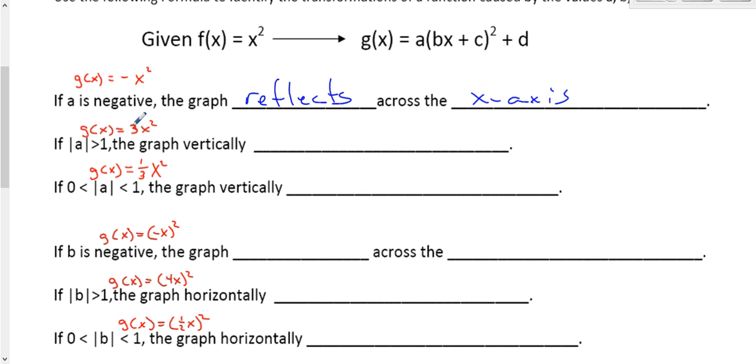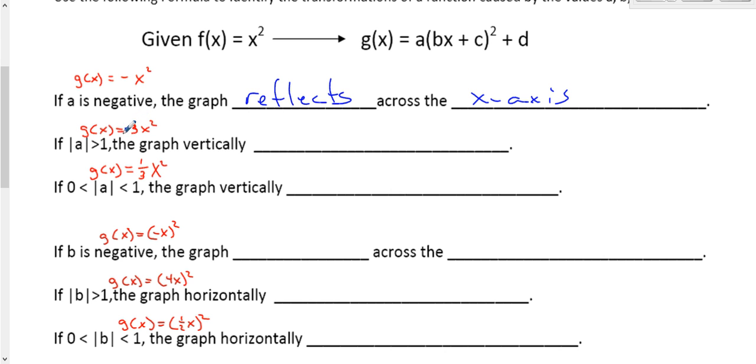If we have a function where the absolute value of a, so for example, we have g of x equals 3x squared. It could also be negative 3x squared. But the absolute value of negative 3 is greater than 1.